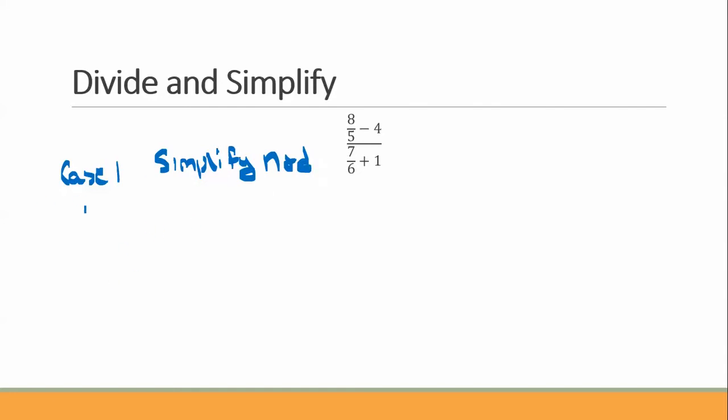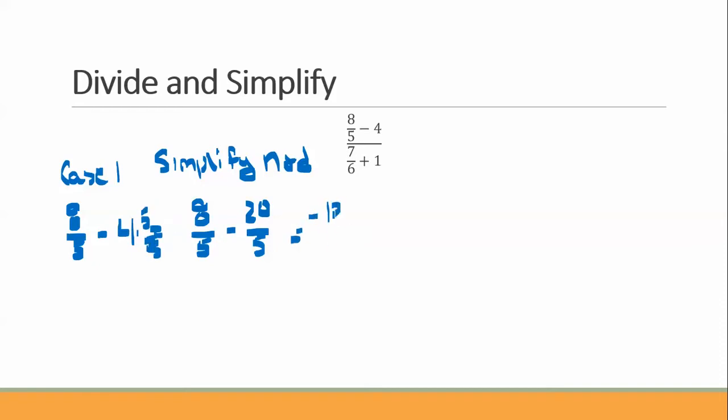So if we simplify the numerator, we have 8/5 minus 4. We need our common denominator to do the subtraction, so that becomes 8/5 minus 20/5, because we have to multiply by 5 over 5. So that becomes -12/5.